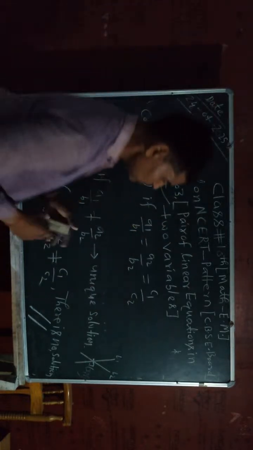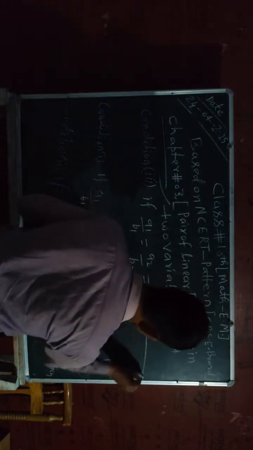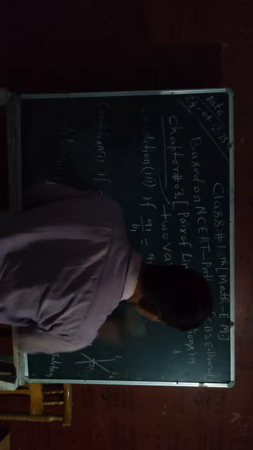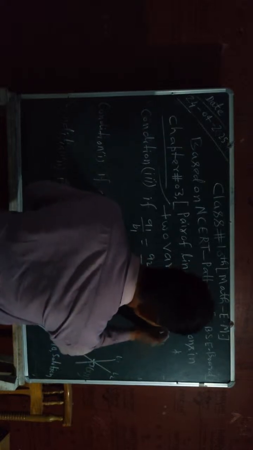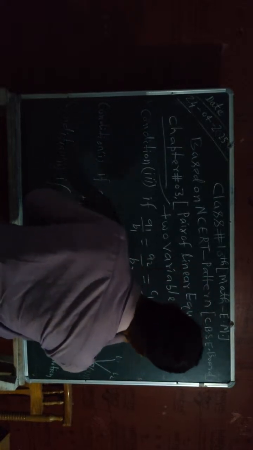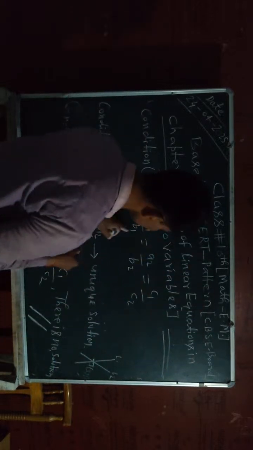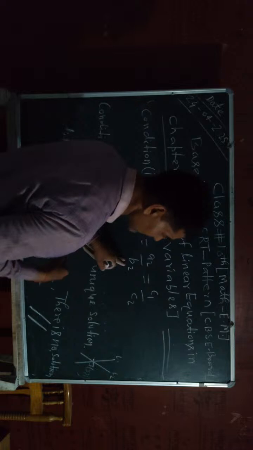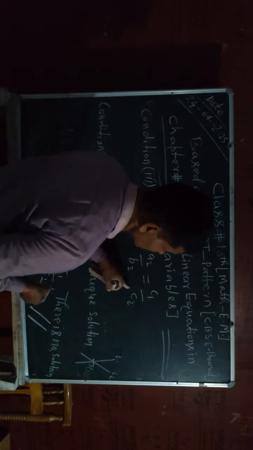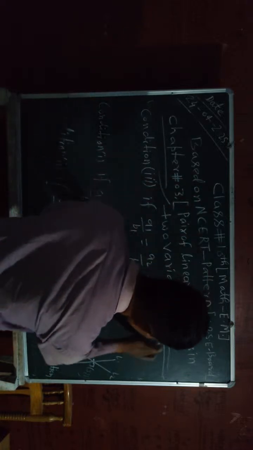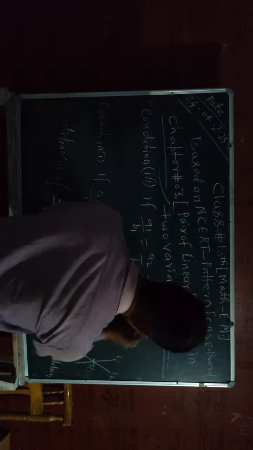Both lines are equal. It means that one line is available like this, and the other is also available like this. So here the slope of the first line and the slope of the second line are equal, and the constant terms are equal. It means that we can say that one line is on the second line.